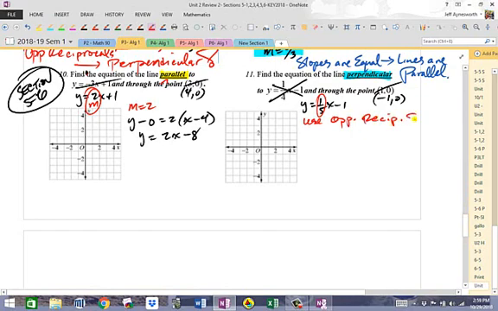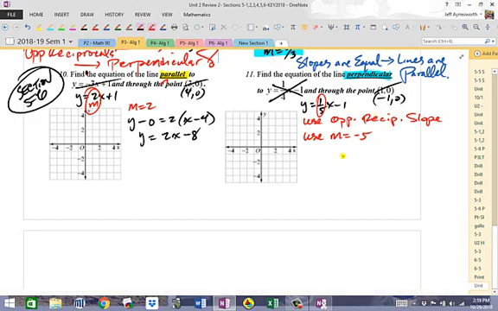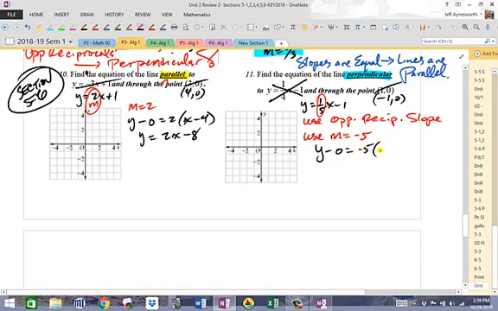So I'm not going to use 1/5. I'm going to use a slope of -5, okay, because it's the opposite reciprocal. So y minus 0 equals -5 times x minus -1. Simplify, I get y equals -5 times x plus 1. Then distribute, I get y is equal to -5x minus 5.